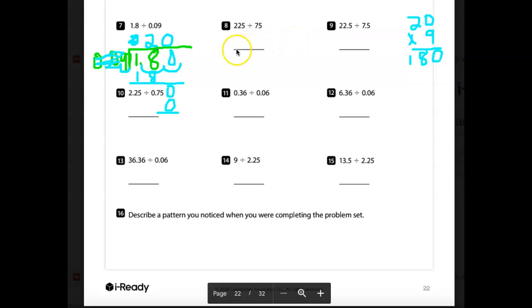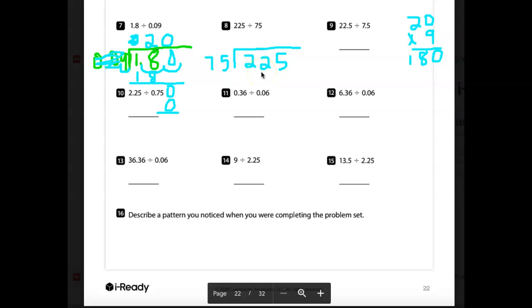All right, let's look at 8. We're going to make our box. Okay? We have 225, so that's going to go here, 225 divided by 75. All right. Now you can see that there are no decimals in this number, so we don't have to move anything.